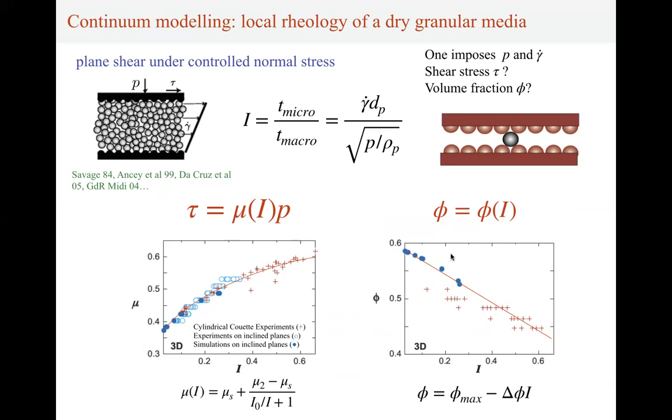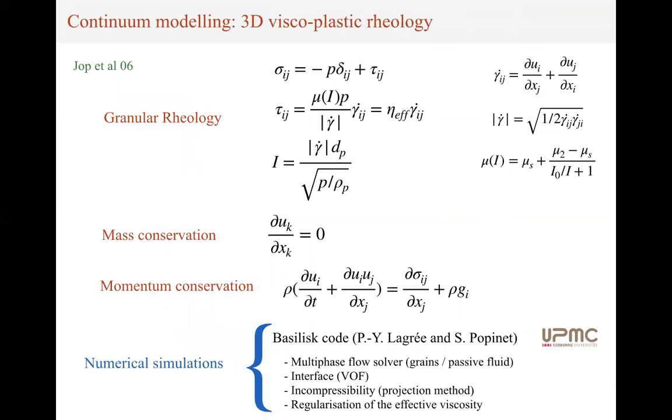In this local rheology, you also have the phi(I) relationship, but in this experiment, which corresponds to dry granular flow, we will use Basilisk, which is a solver. We just solve the Navier-Stokes equations, in fact, and we use an incompressible code. So we won't consider the role of the volume fraction in this talk.